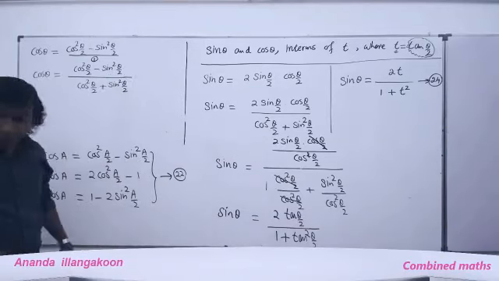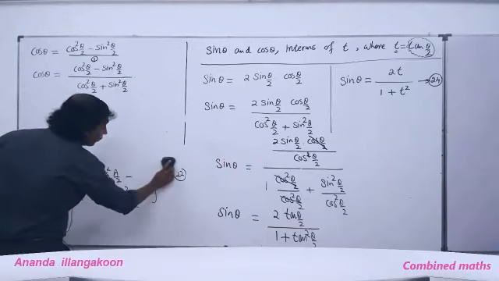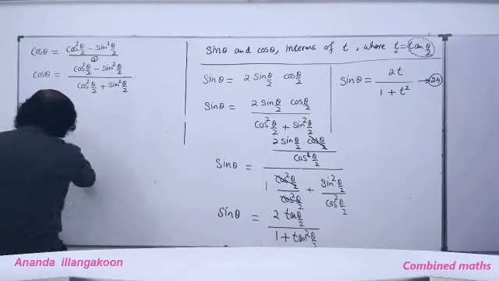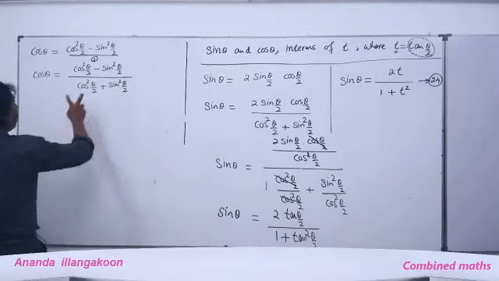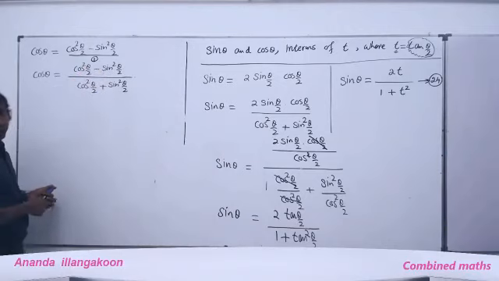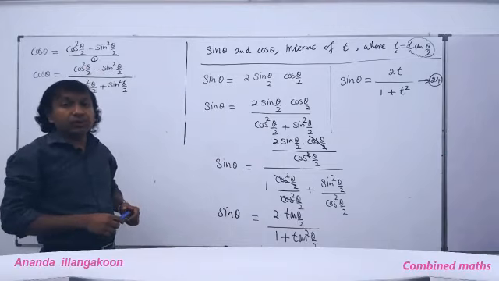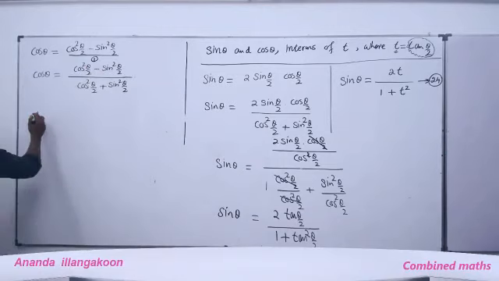Right. Now what we do is this. Here also, we divide the two terms in the numerator and the two terms in the denominator, all four terms, by cos square theta by 2. And then what we get?